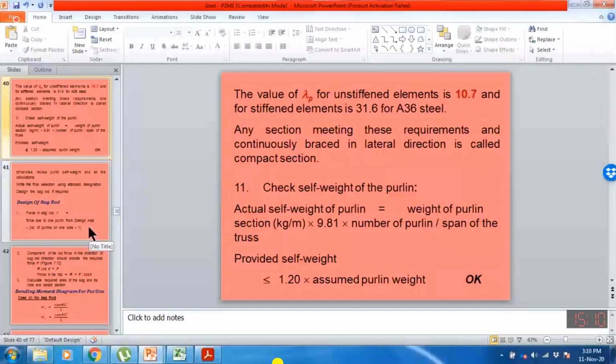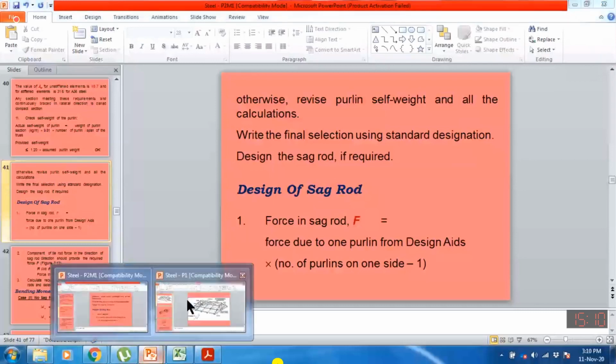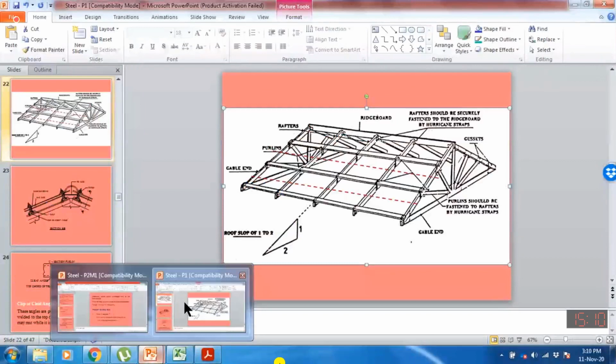Okay, at the end, we also need to design the sag rod. Before the sag rod design, let me explain how we will compute the forces in the sag rod and the bending moment.